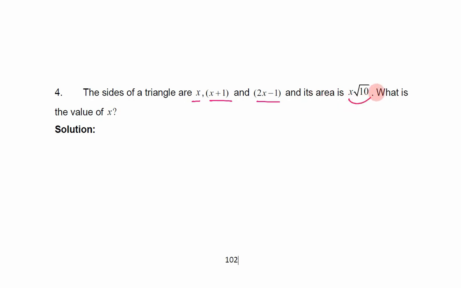Its area is x square root of 10. What is the value of x? So you want to find the value of x given the area. So substitute in the formula.